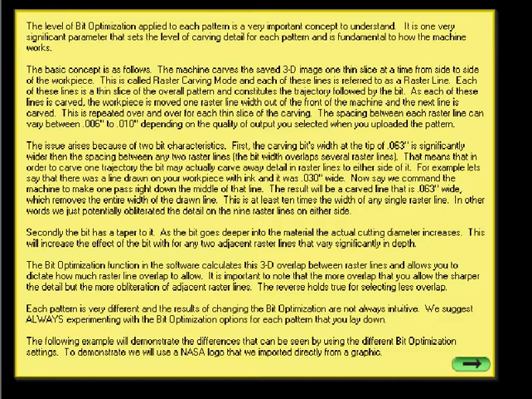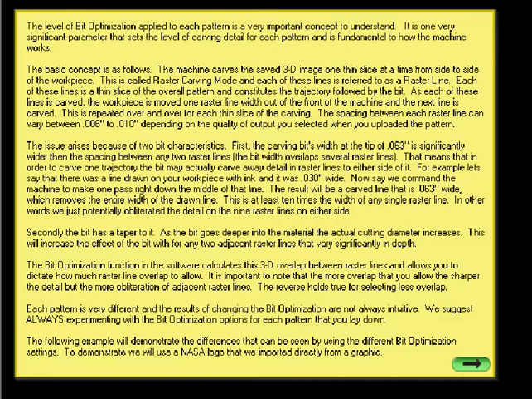Each pattern is very different, and the results of changing the optimization are not always intuitive. We suggest that you always experiment with the bit optimization for each pattern that you lay down. The following example will demonstrate the difference that can be seen by using the different bit optimization settings.